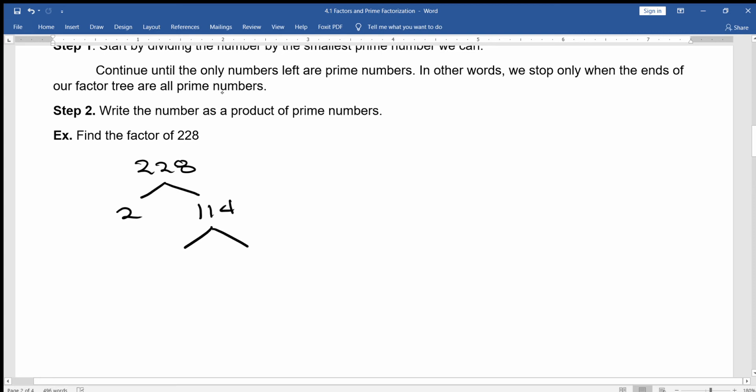Again, we'll use 2. 114 divided by 2 is 57. And then 57, is it a prime number or a composite number?